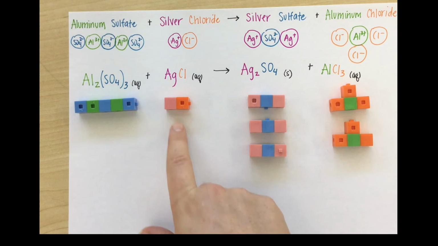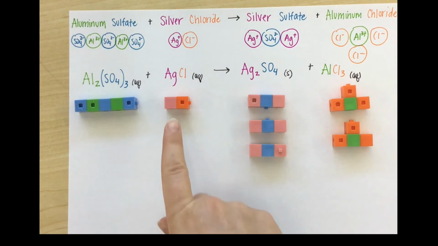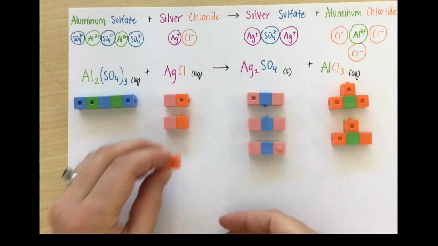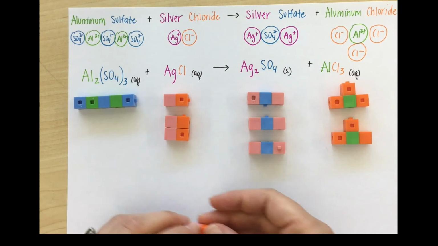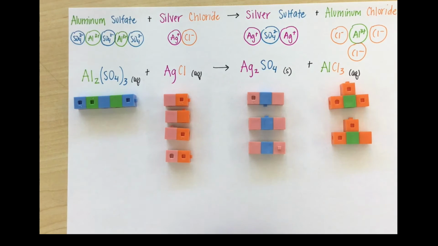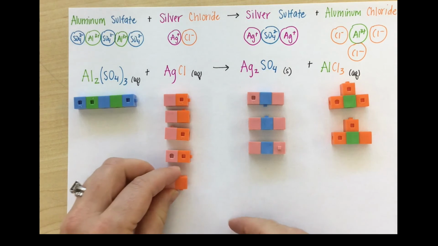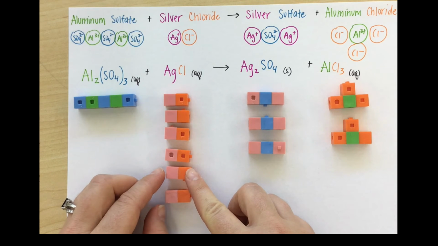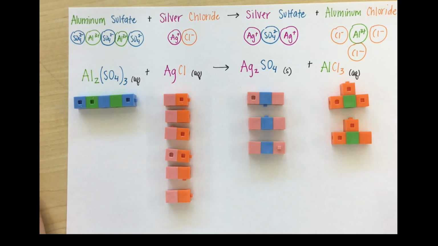So that means I need 6 total silver chloride. So I've got 1, 2, 3, 4, 5, and 6. And so now it looks like everything is balanced and I can fill in the numbers.